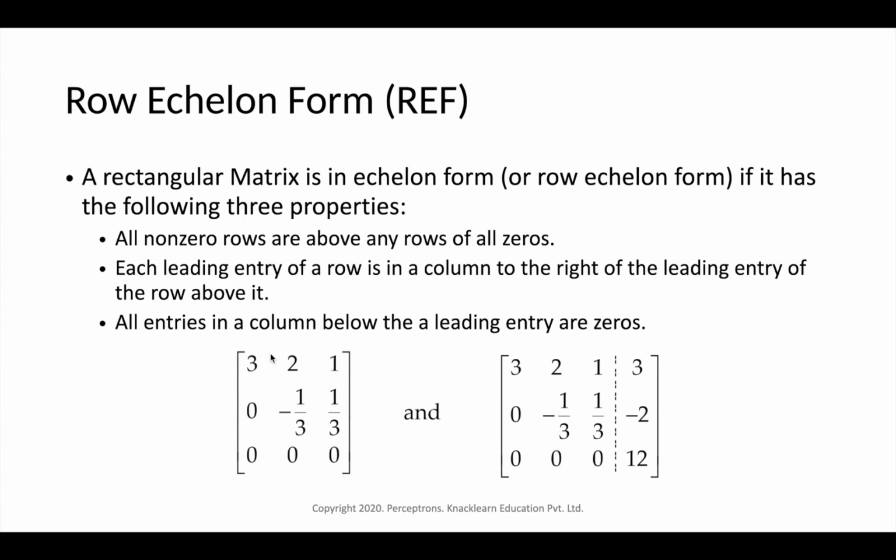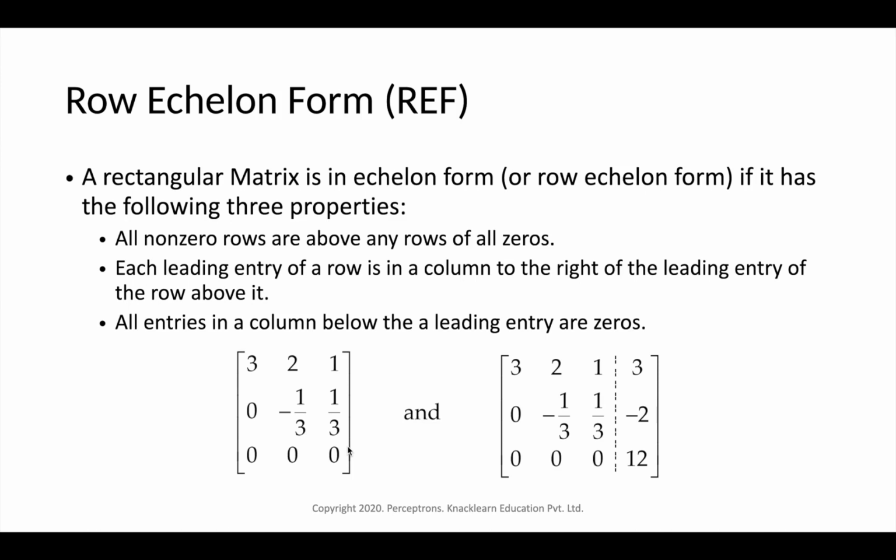Echelon is a Latin word which means ladder. So here it forms a ladder kind of structure. If you take these 0 elements, you will see they create a step or ladder kind of structure.